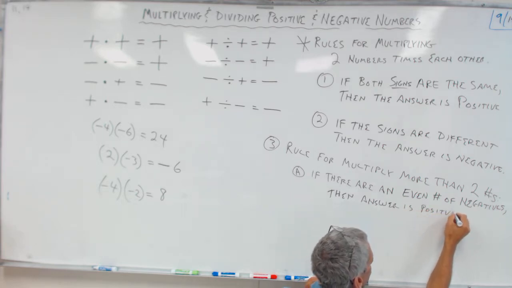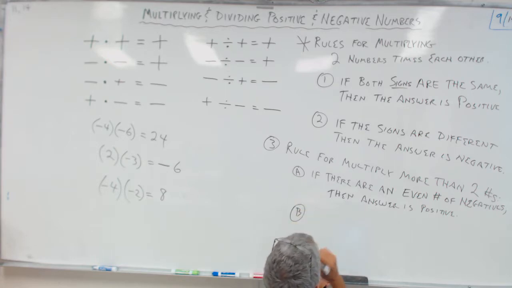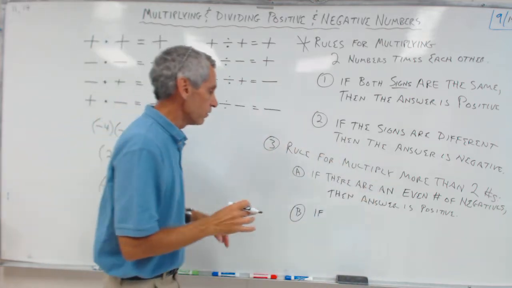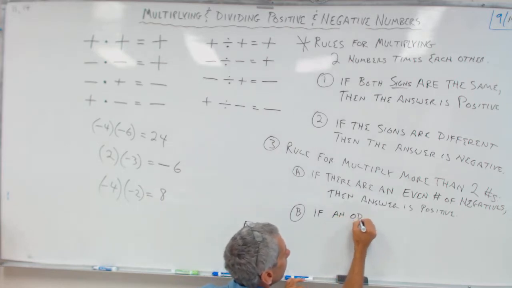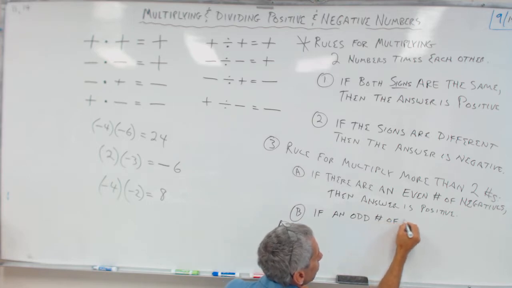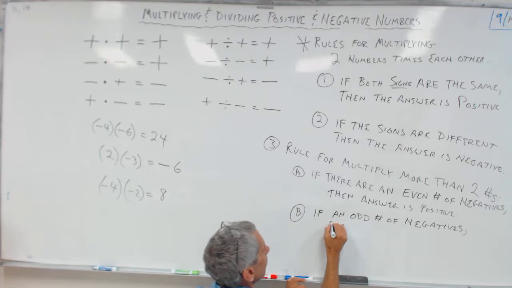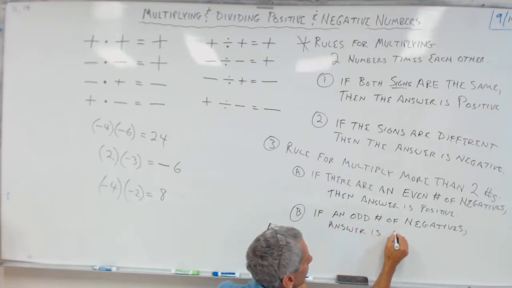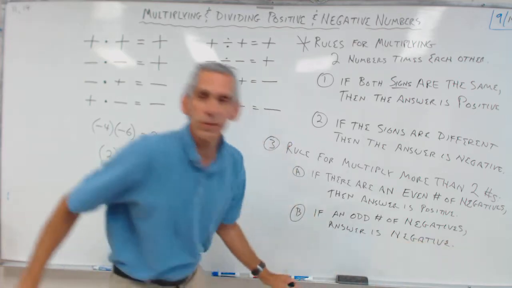And you can figure this out without me telling you this, but it's also helpful to know, because sometimes problems get really complicated, and you can immediately simplify it by figuring out what the final sign is going to be. So if an odd number of negatives, the answer is negative, right? All right, does that make sense?